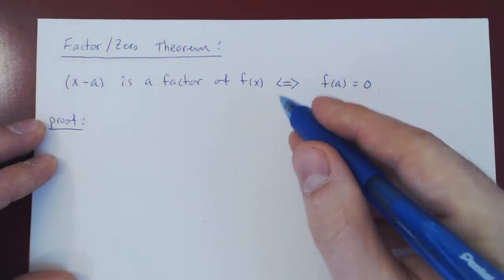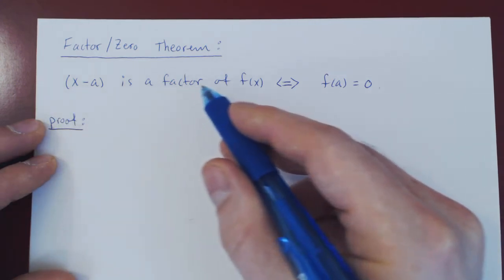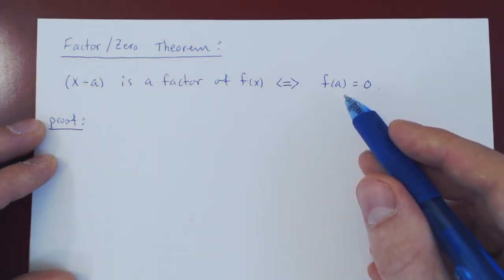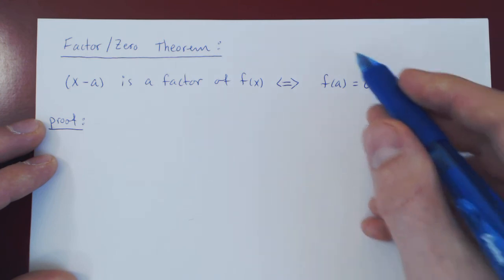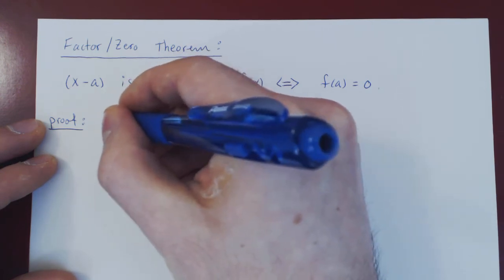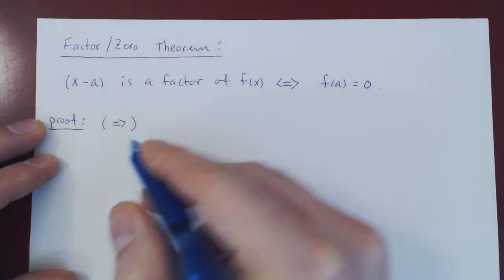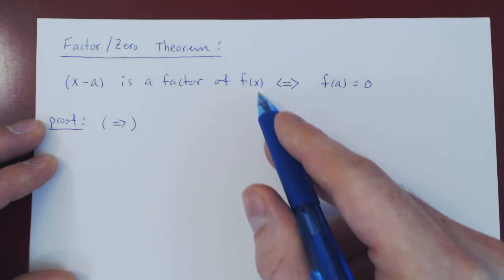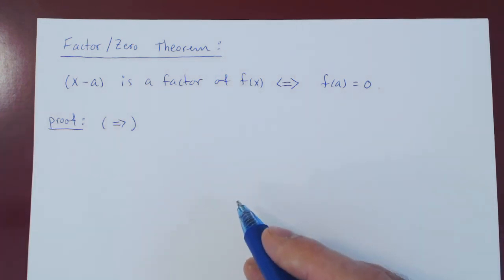We have to prove both directions, so that if this statement is true, then this one is true. And then we have to prove that the converse is also true. If this statement is true, then so is this one. We'll start with the easier direction. So we assume this will be true, and we'll prove that this is also true.